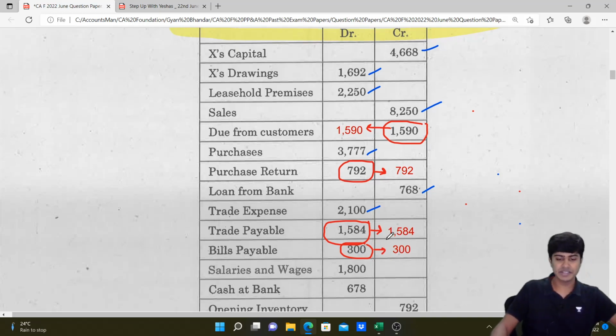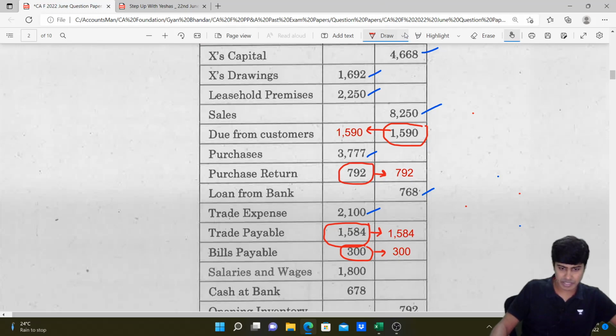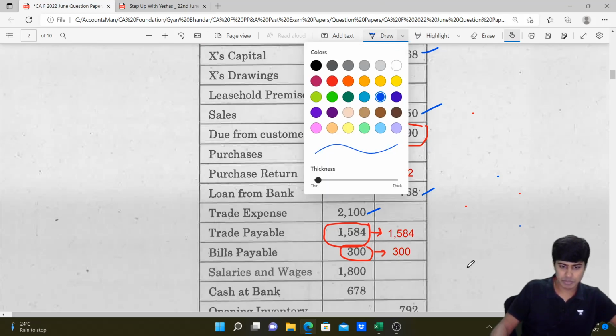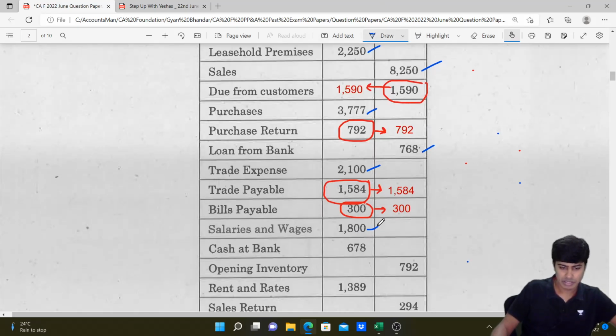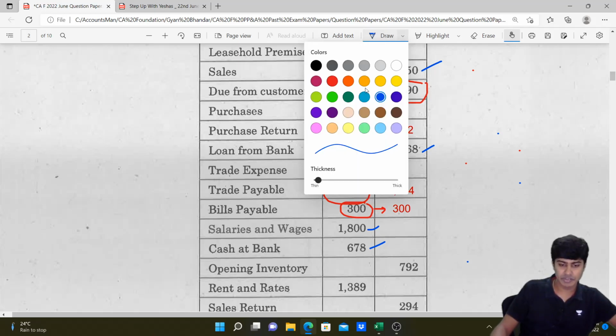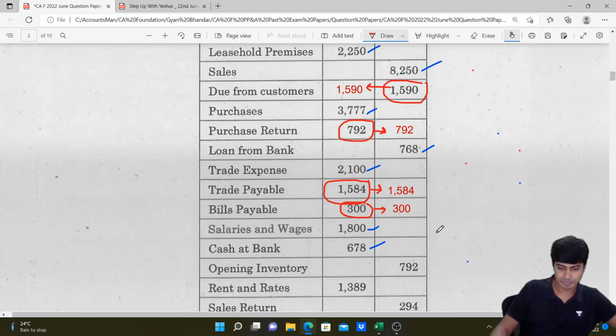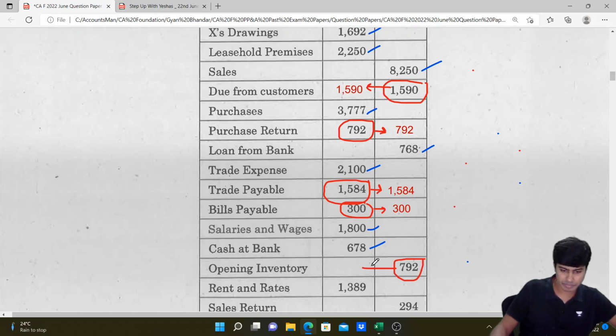Then we have salaries and wages. Salaries and wages is an expense, and expenses always appear on the debit. Correct again, nothing wrong. Cash at bank is also an asset, debit side, nothing wrong. Opening inventory is an asset, it should appear on the debit. By mistake, they've given it on the credit. Let's move it. This 792 should appear on the debit side.